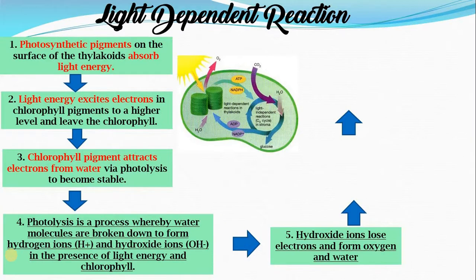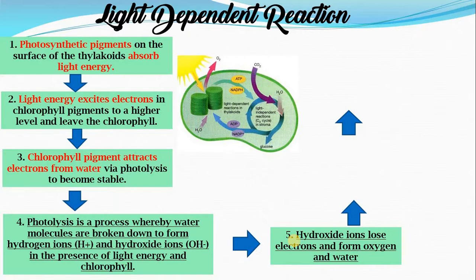And then number 5, the hydroxide ions lose the electron. Why do the hydroxide ions lose the electron? Because it is taken by the chlorophyll pigment. And then the hydroxide ion will form a hydroxyl group because of the loss of the electron.